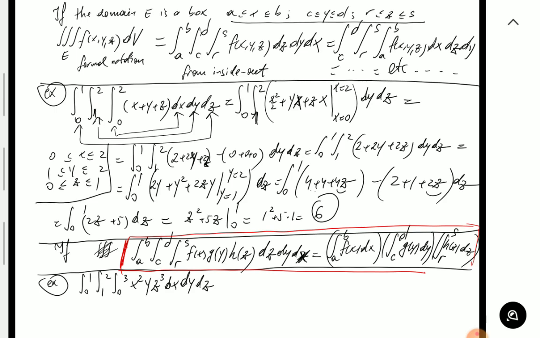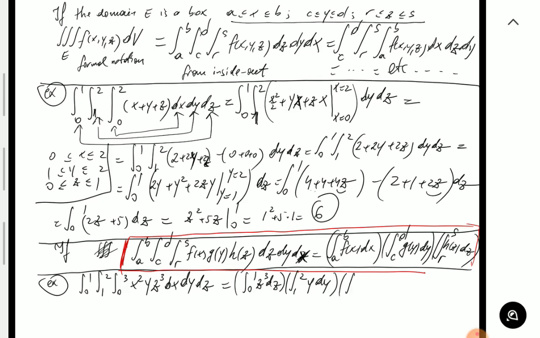All bounds are constant. The function can be split into a product of x, y, and z. So therefore, this becomes, again, make sure you pair the bounds correctly, the integral from 0 to 1 of z third dz. Middle one goes with y, the integral from 1 to 2 of y dy.